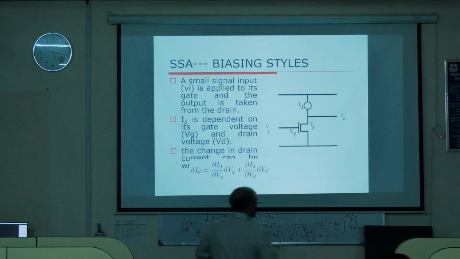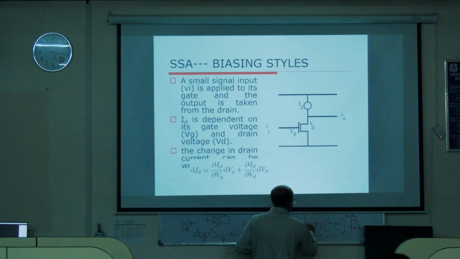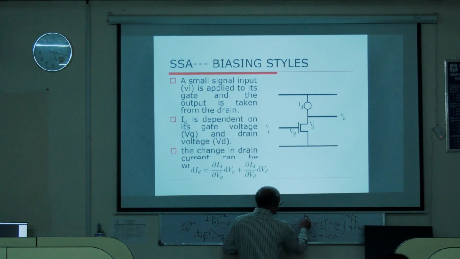Now I want to see, for the same unity gain bandwidth, earlier it is like this, and I want to go here. I want to increase the gain, but I don't want to change this unity gain frequency.